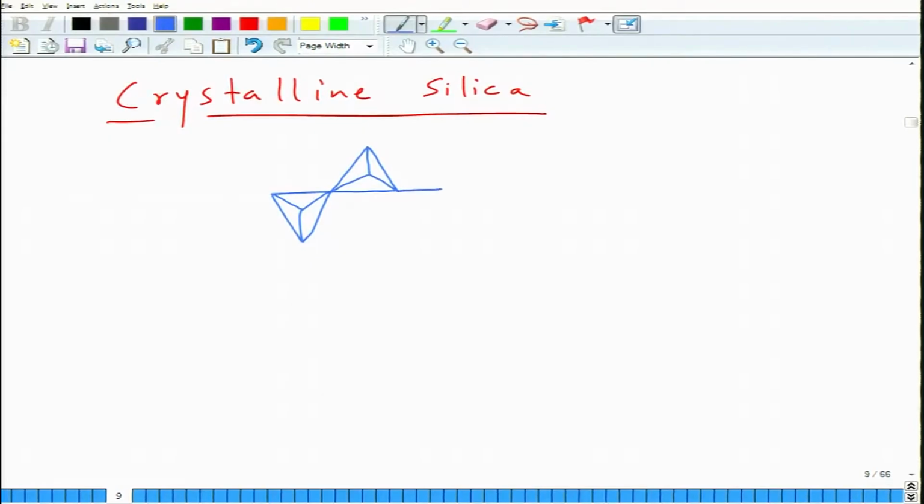And the third tetrahedron is present in such a fashion, and the fourth one again, okay, and this one is going to be shared with the one right here, and then you are going to have one here, and this one will be the other way around, okay, like this.